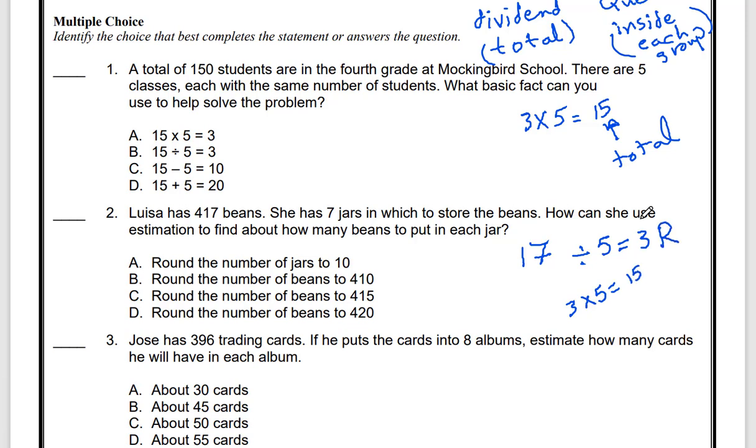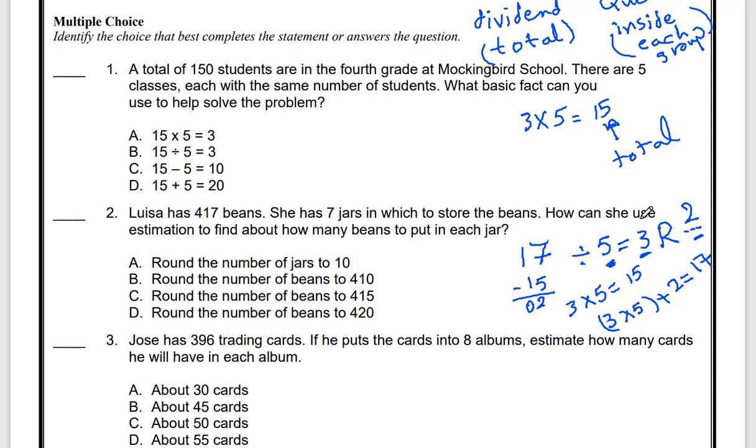The remainder is the number left over, the number with me after I finish the division. So I can subtract 17 minus 15 to get the remainder. 7 minus 5 is 2, 1 minus 1 is 0, so the remainder is 2. If you need to check your answer, multiply the divisor by the quotient and add the remainder. So 3 times 5 plus 2 will be 17. So that's how to check your answer.